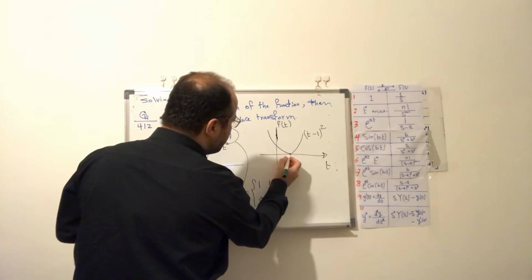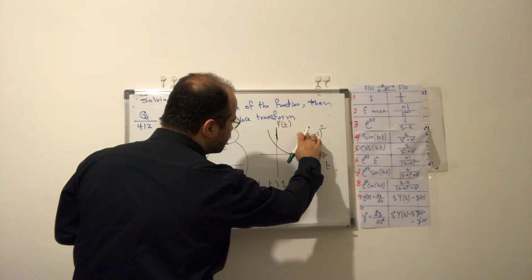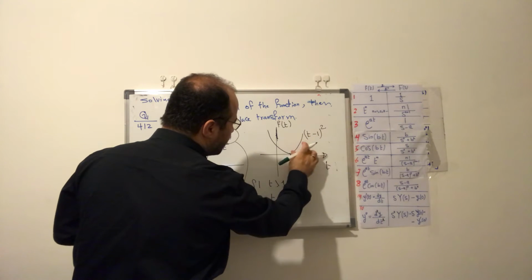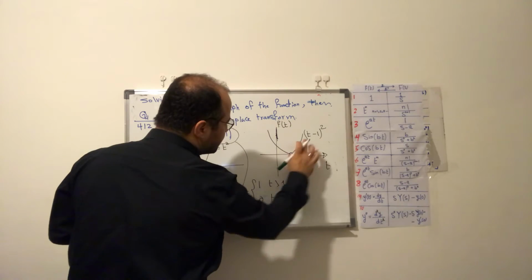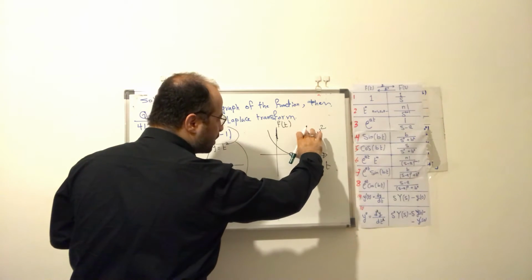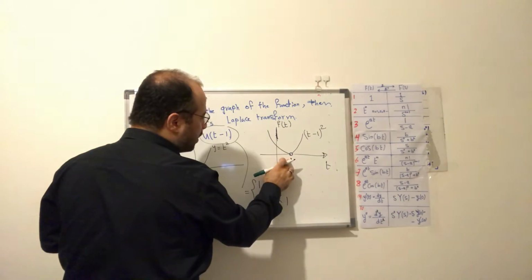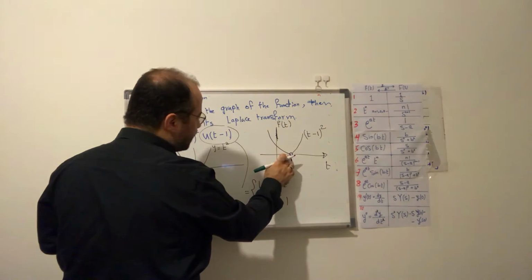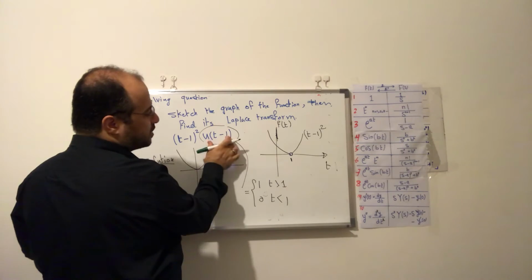When you are bigger than 1, you multiply this with 1, so this is not changing. When you multiply by 1, you keep the rule for the function. Except at 1, where it is undefined, because the Heaviside function is discontinuous at 1.